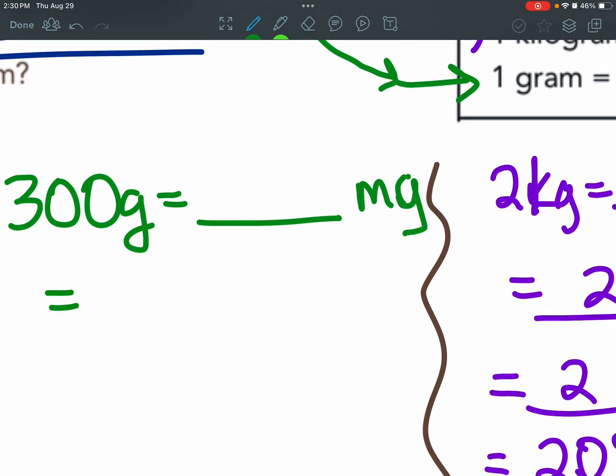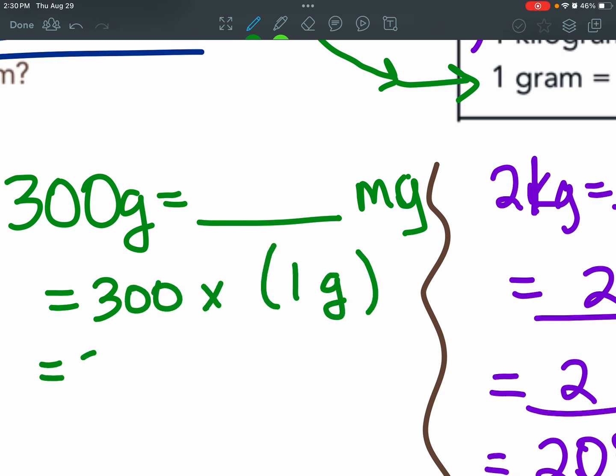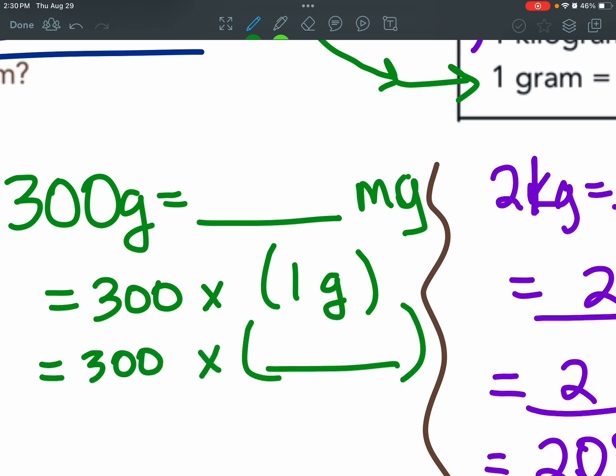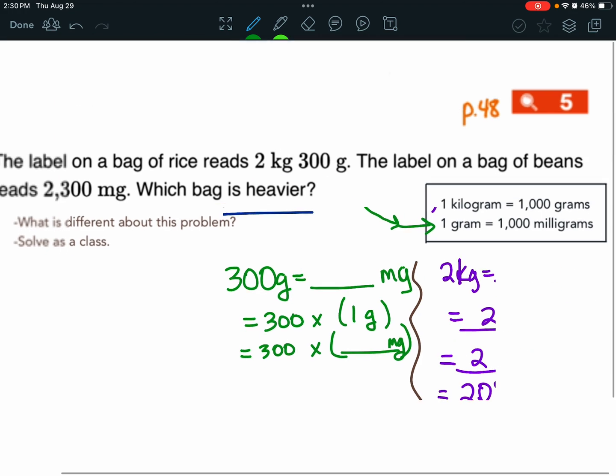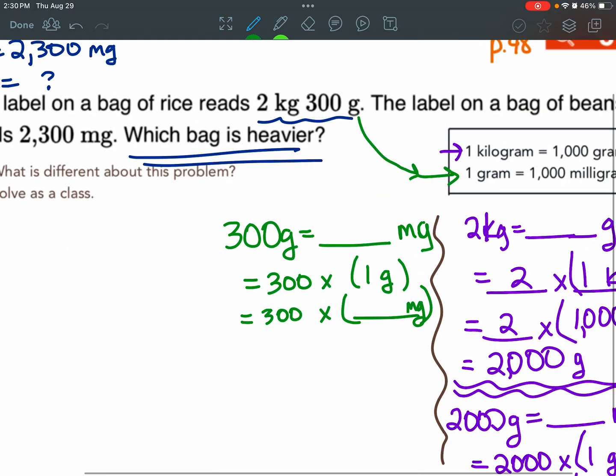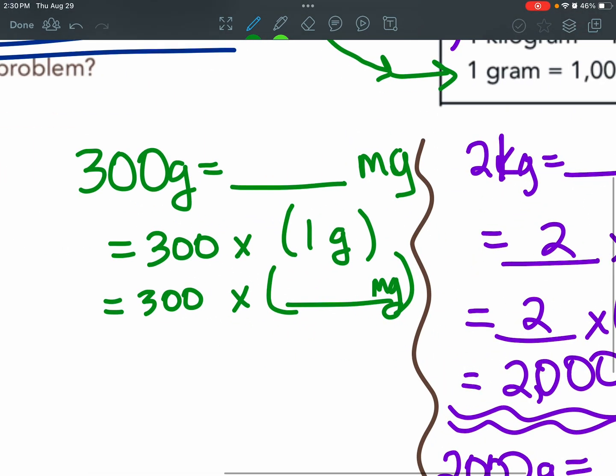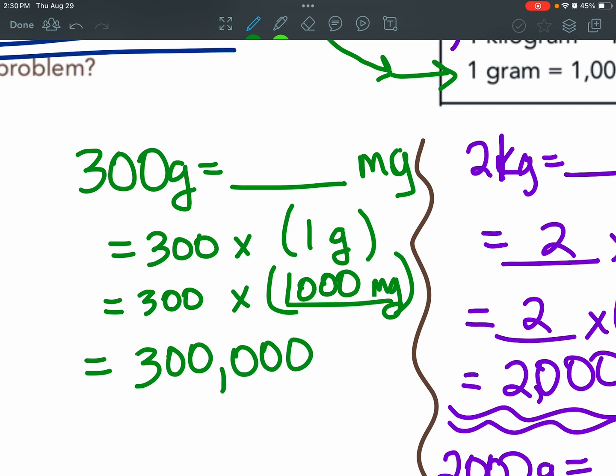All right, so now that you're back, we have 300 times 1 gram. And that is 1,000. So that would be 300,000 milligrams.